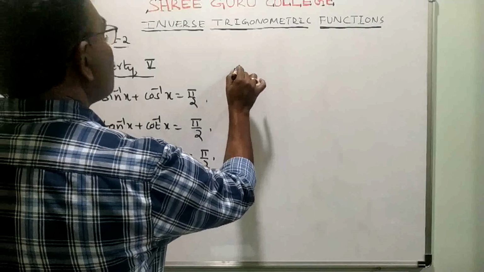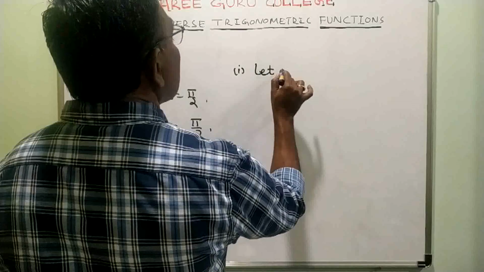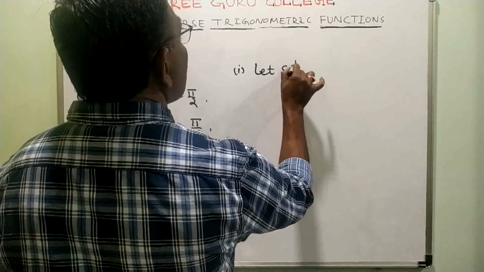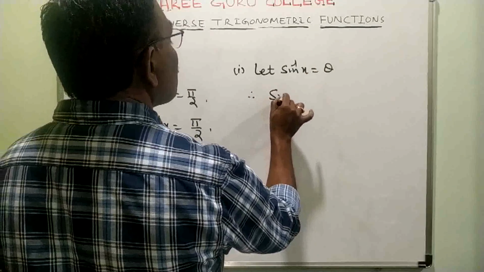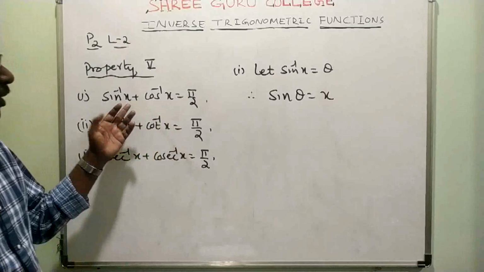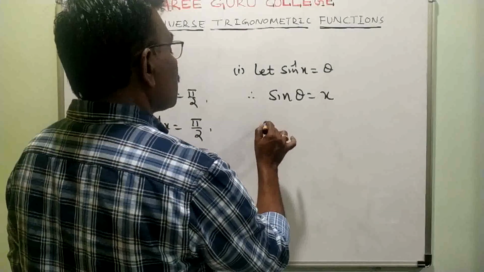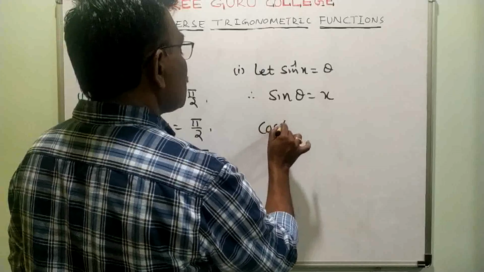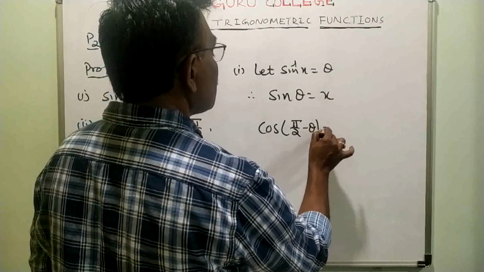Better I will prove the first one. Let sin inverse of x be theta. Therefore sin theta is x. Either this or this, you take theta only. I am taking cos of pi by 2 minus theta is x.